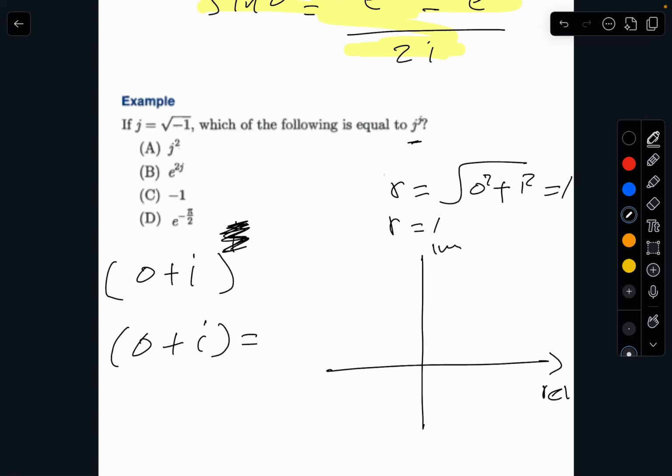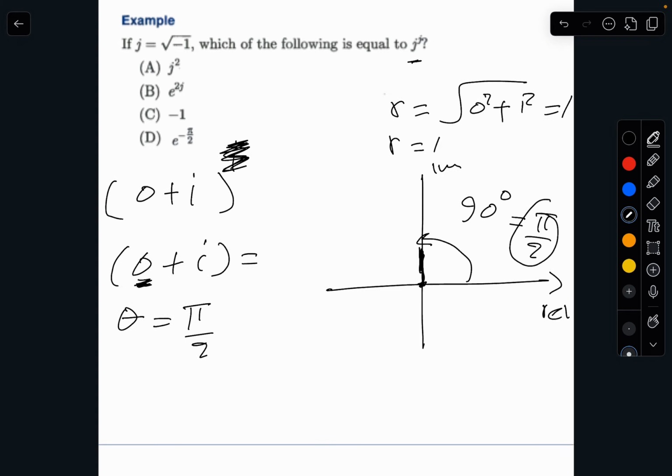The real part is equal to 0, so we are here. And the imaginary part is equal to 1, so we are here. And the angle from here to here is 90 degrees, which equals pi over 2. So theta is equal to pi divided by 2.